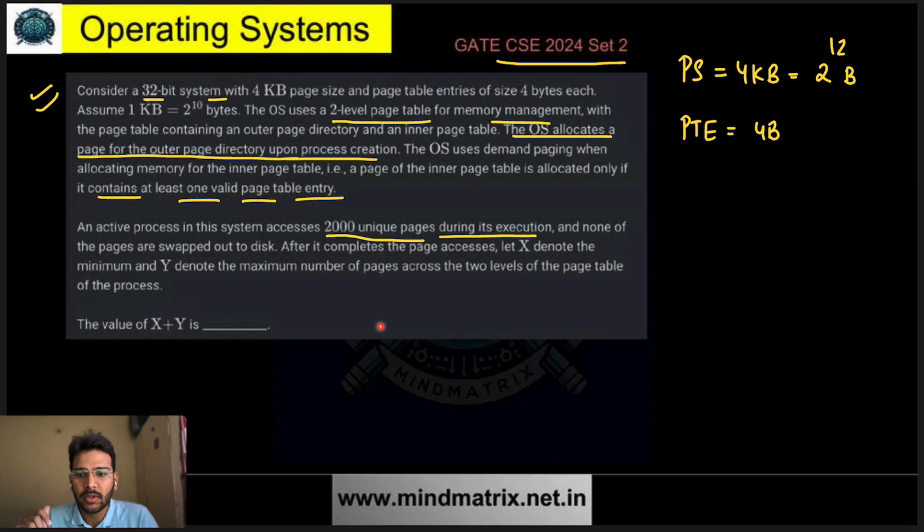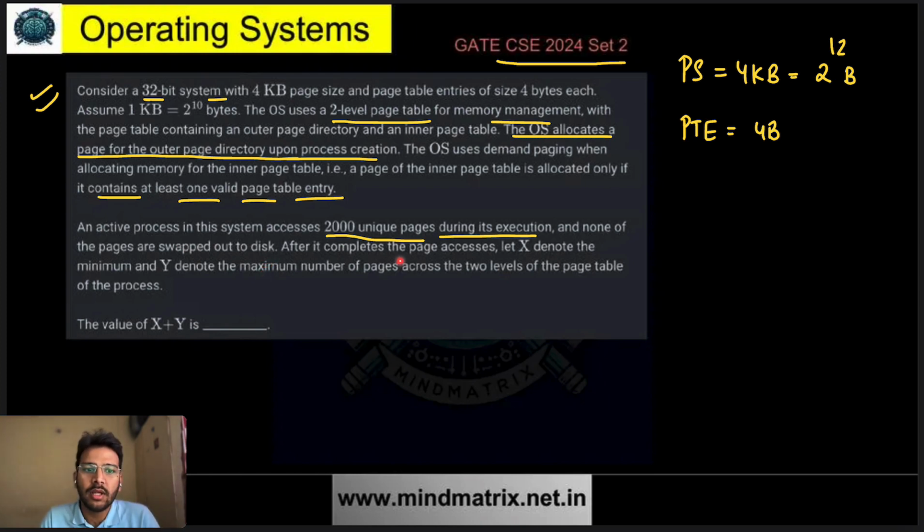But in this question, it is directly given to us that 2000 unique pages are used by this process in the system, and none of the pages are swapped out to disk. That means all these pages are present in the main memory.